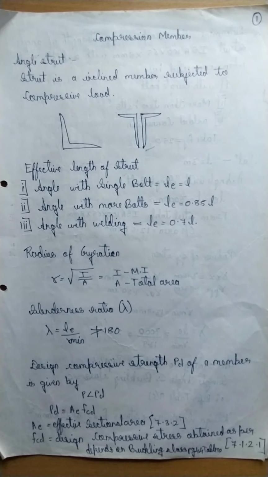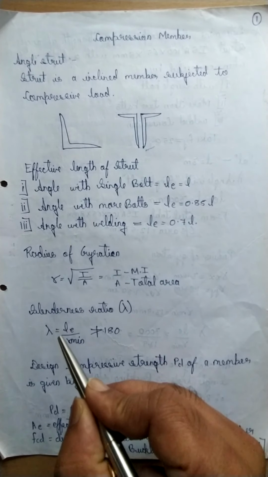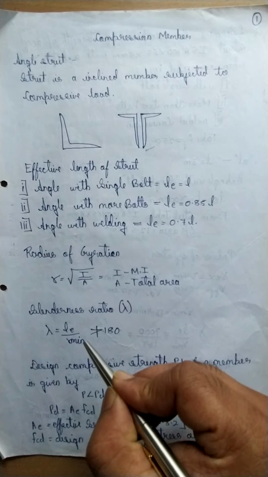And the important quantity to be found here is the slenderness ratio, which is nothing but LE by r minimum, or as per the code, KL by r minimum. So the slenderness ratio lambda is equal to LE by r minimum.